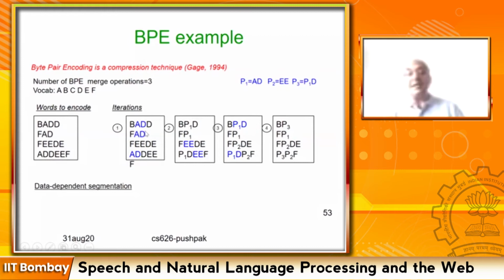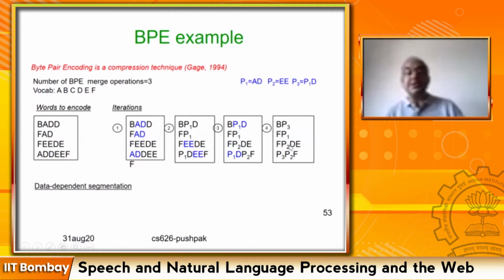Then I merge it and give it a symbol P1. After I have done this, I find that EE is the next frequent character string which can be merged. So this gives rise to P2. And then I find that this new merge, P1 and D, has become frequent now. So P1 and D is merged together to give rise to P3. You can immediately see a kind of data compression situation.